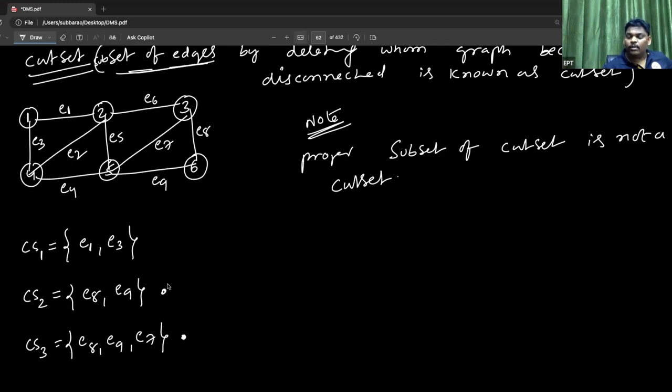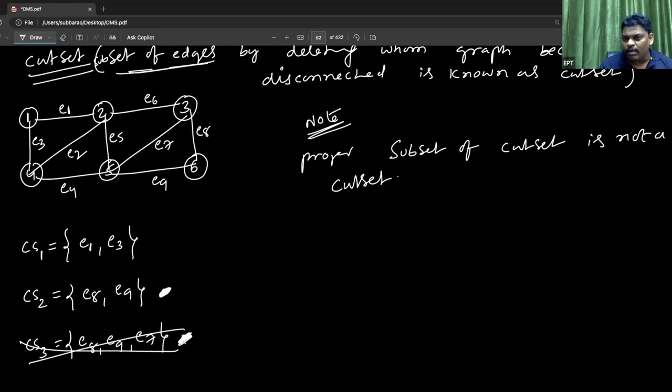So remember, either CS2 is a cut set or CS3 is a cut set. Any one, both cannot be. If a proper subset is already a cut set, then the superset is not a cut set. So you cannot take extra.